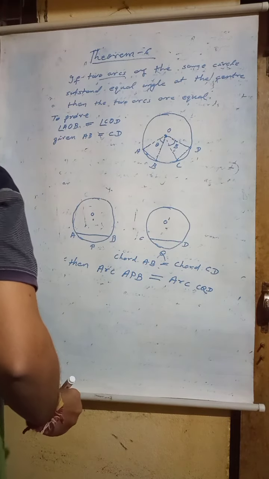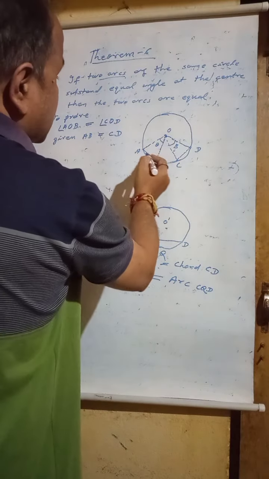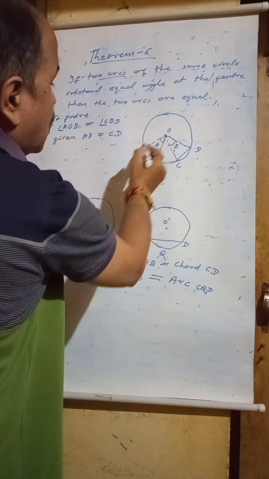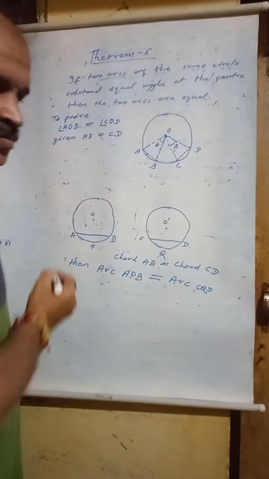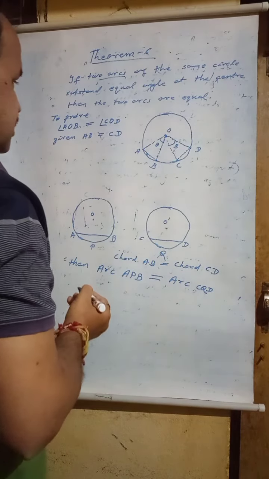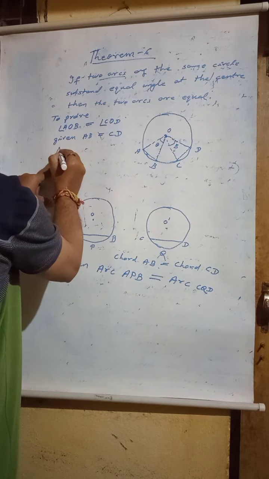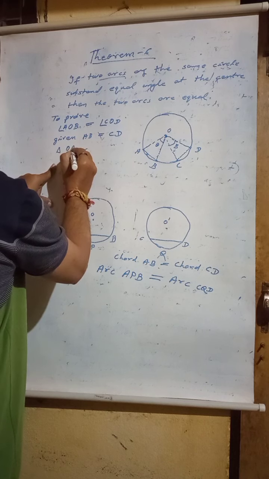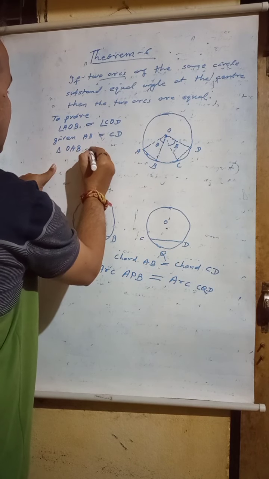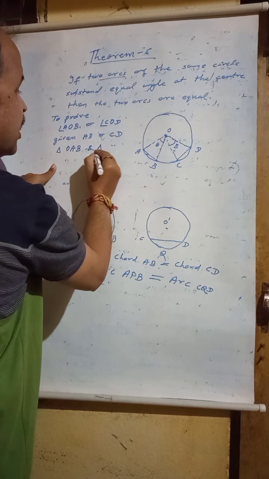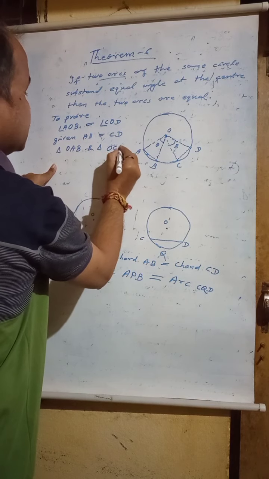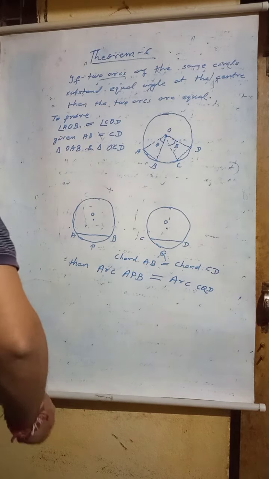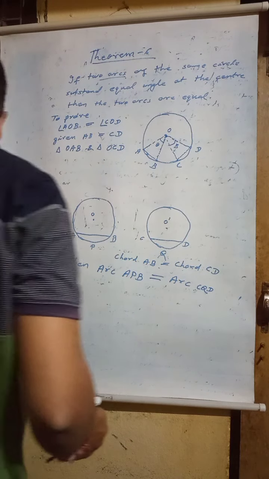So consider these two triangles, triangle OAB and triangle OCD.